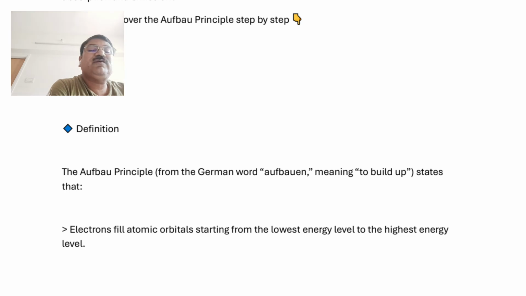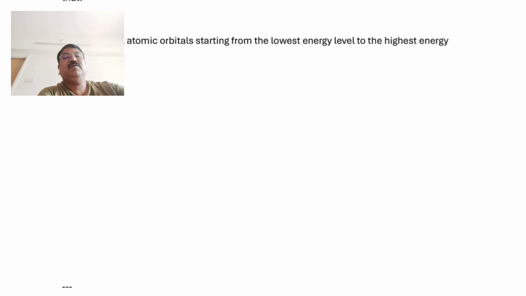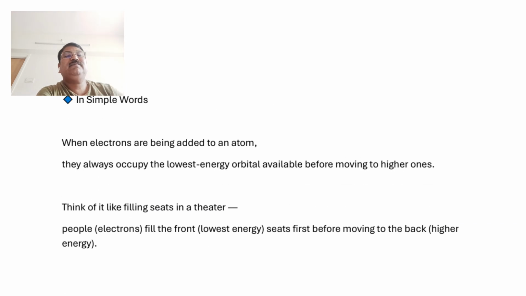S is having small energy level, p is having higher energy level, and according to Aufbau principle, the filling always takes place in this manner. Now when the electrons are being added to an atom, they always occupy the lowest energy orbital available before moving to higher ones. And this is a very simple concept.